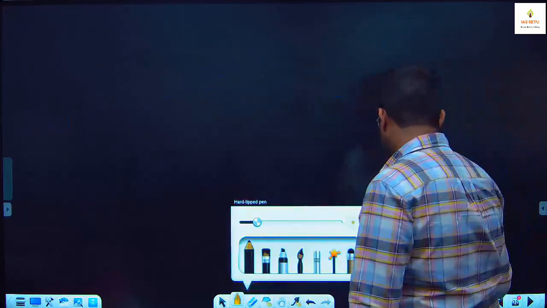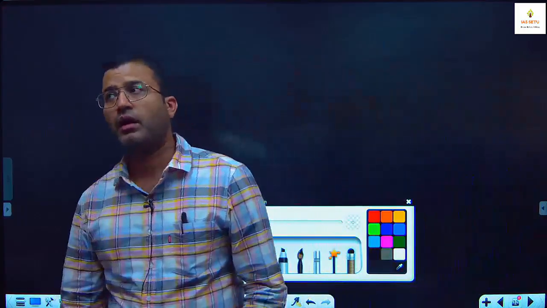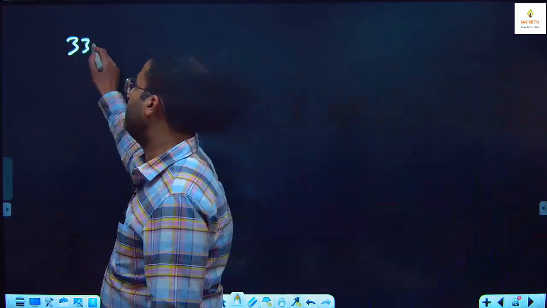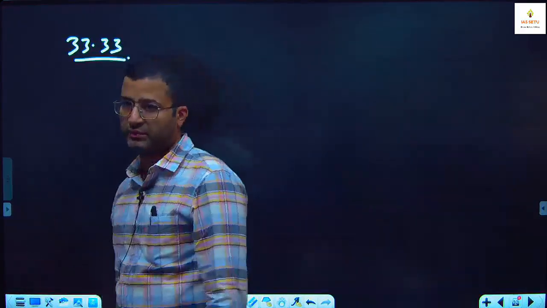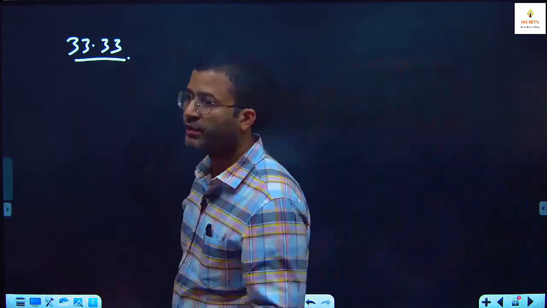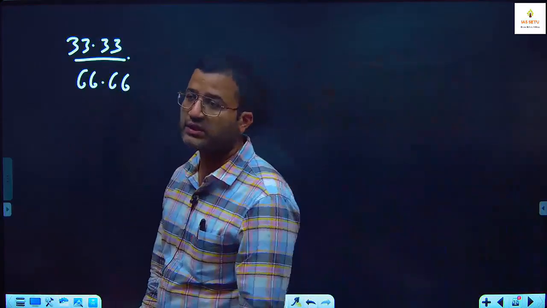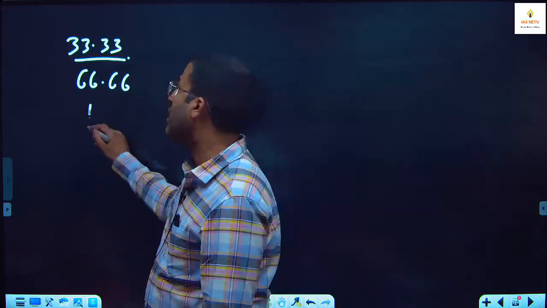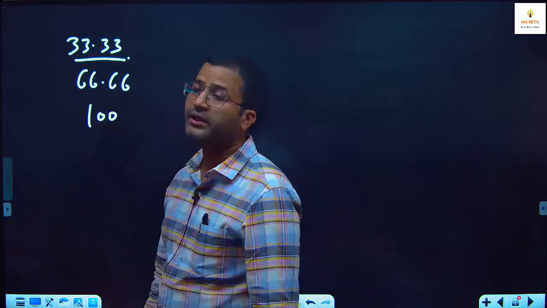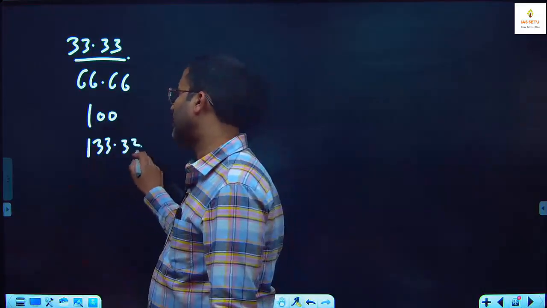Now next is, let me take two more examples. Now here you should be comfortable with multiples of 33.33. इसके भी मल्टीपल याद रखने हैं आपको. 33.33 वन जा 33.33, 33.33 टू जा 66.66, 33.33 थ्री जा 100. 33.33 multiplied by 4 is 133.33.